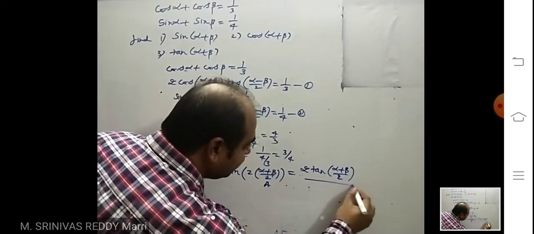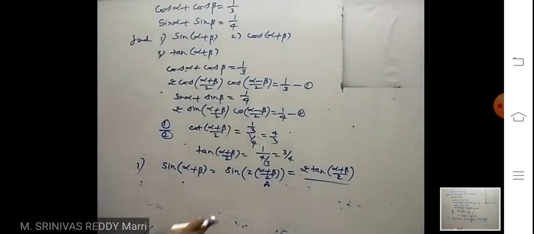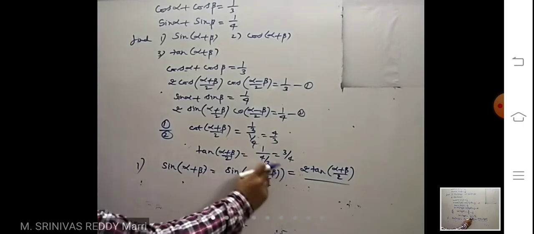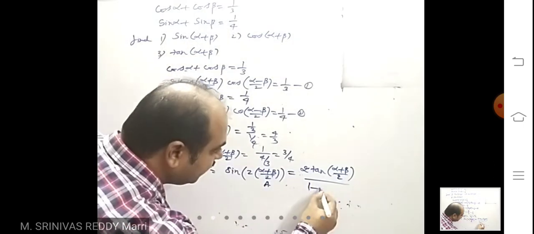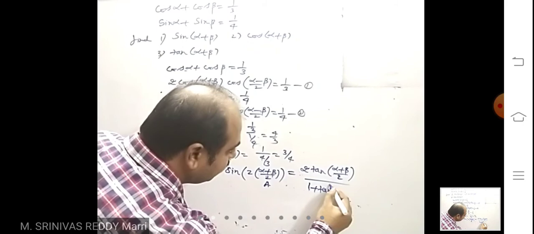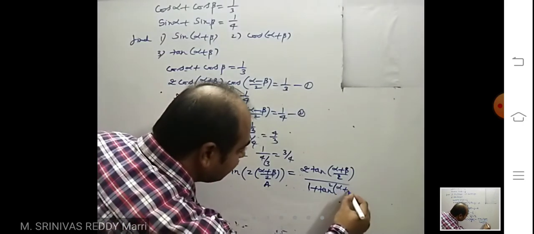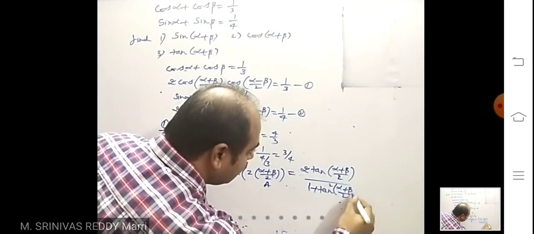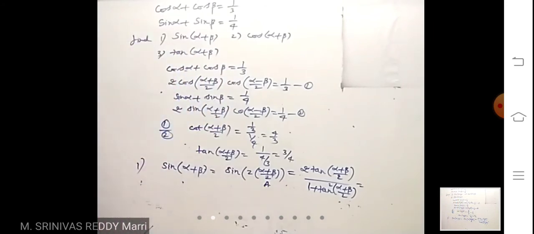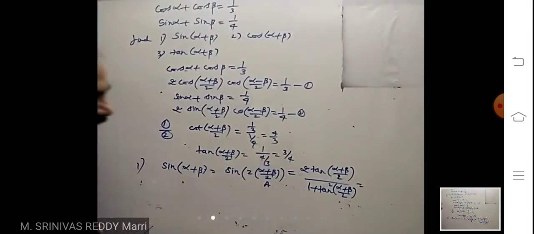Because tan A is known, sin 2A is 2 tan A divided by 1 plus tan square A, with A equal to (alpha plus beta) by 2.